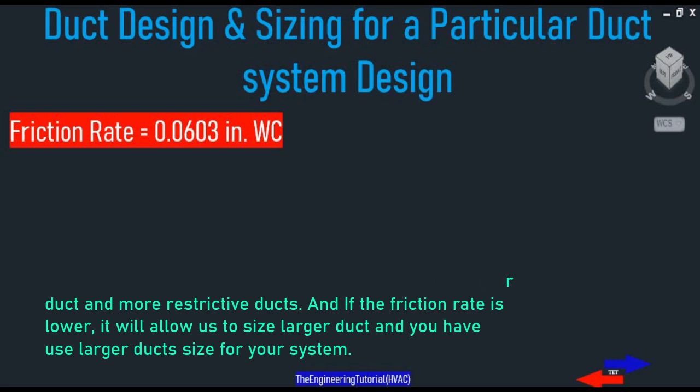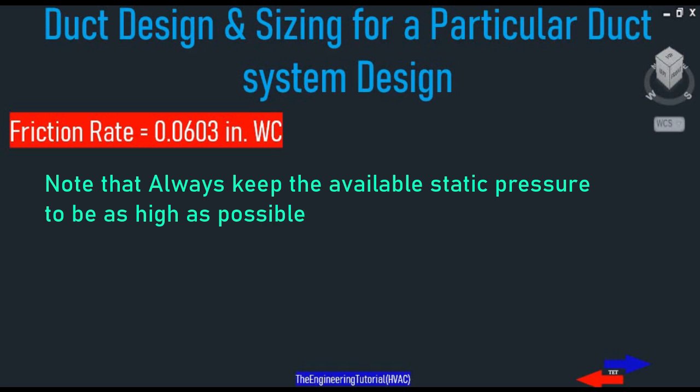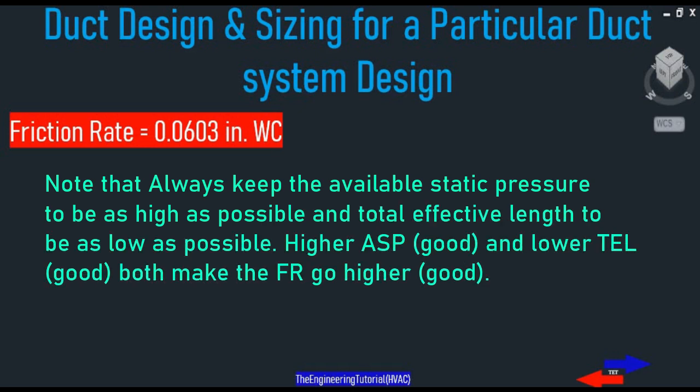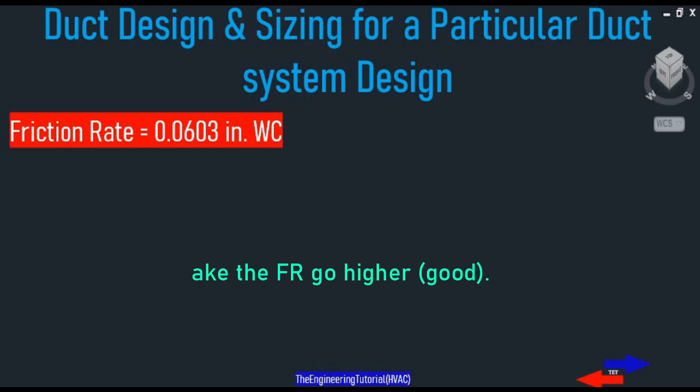Always keep the available static pressure as high as possible and the total effective length as low as possible. So higher ASP is good and lower TEL is good, and both make the friction rate go higher.